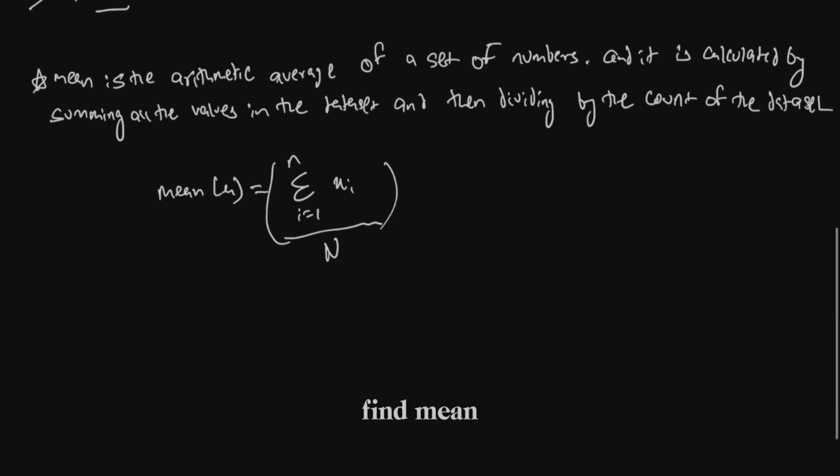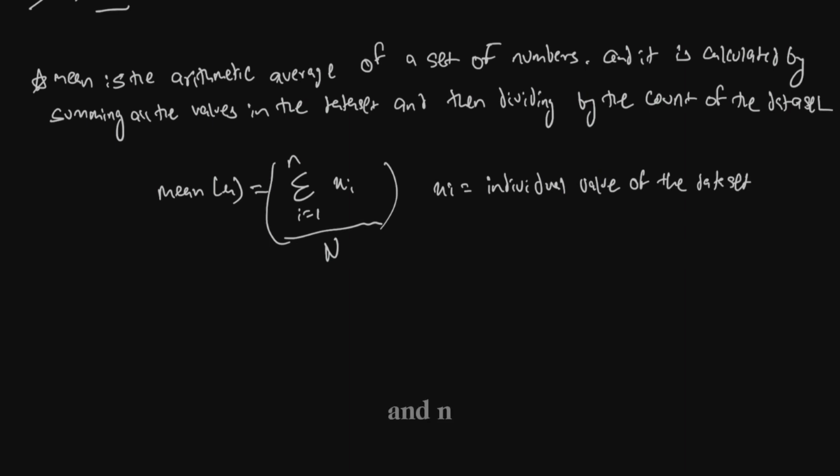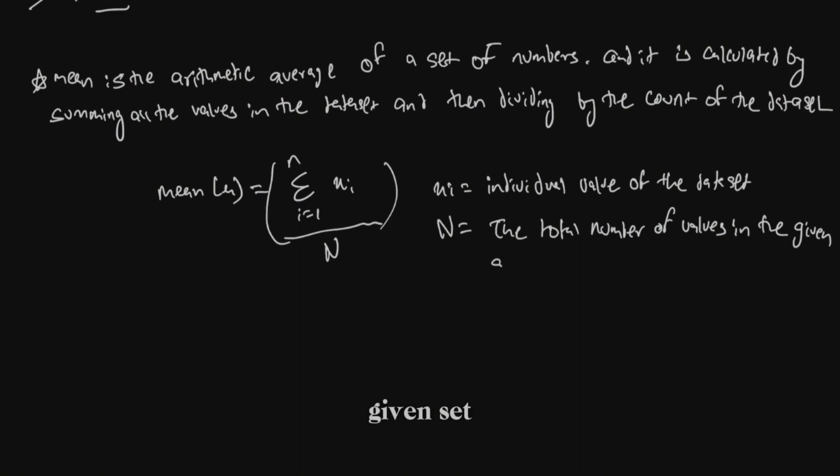This is how you find the mean of a data set, where x_i is the individual value of the data set, and n is the total number of values in the given set.